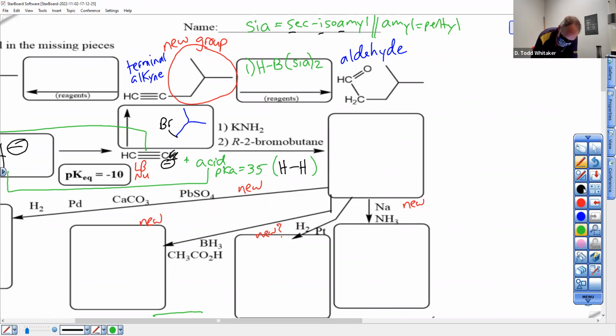Here's the chain. How do you draw a sec group ever? Methyl branched immediately, right? Then the rest. Okay. How do you say iso? V at the end. This has both, doesn't it? And it has 5 carbons. That there's Sia. It's a new group.